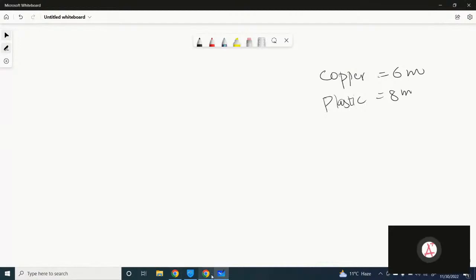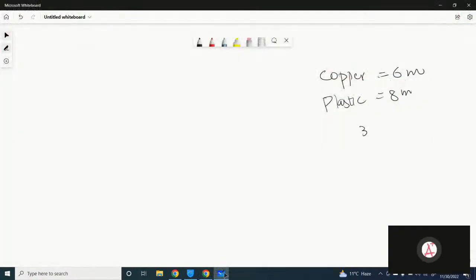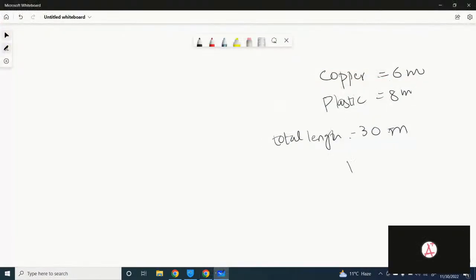So the total distance he has to make is 30 meters. That's the same as the question we just did. Total length is 30 meters. Okay, just use the options given. The options are 1 1, 1 2, 1 3.